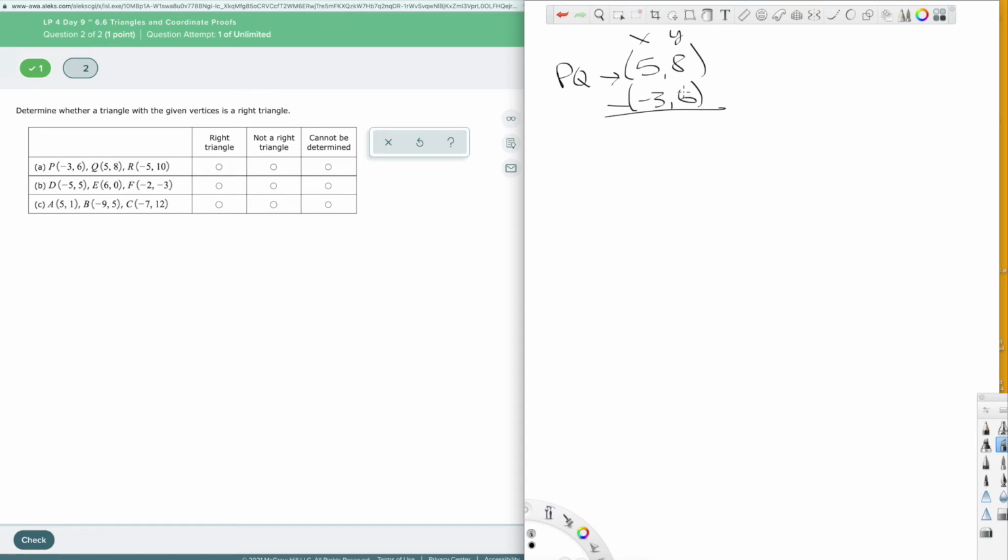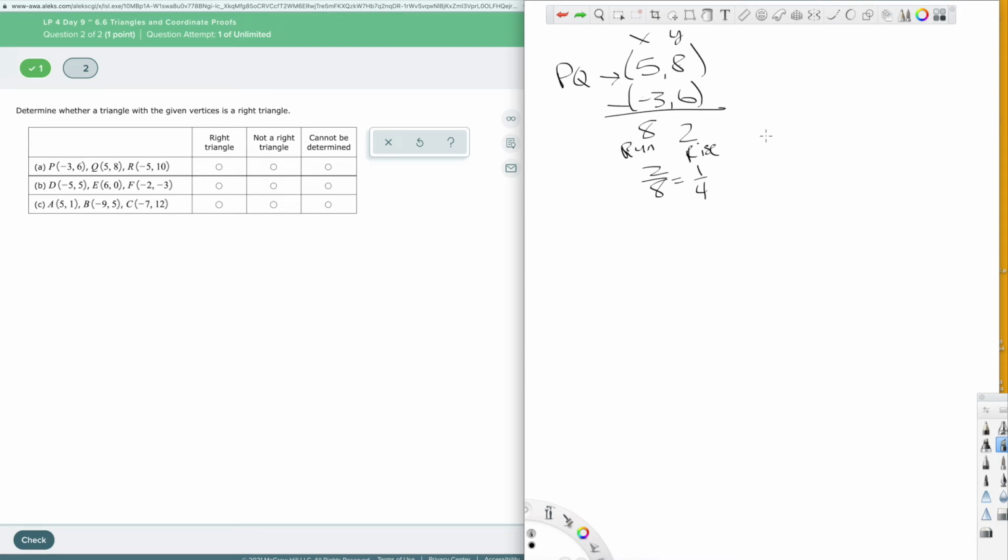So I have 8 minus 6, and that gives me 2. 5 minus negative 3, that's 2 negatives, so that's actually a plus. So that's 5 plus 3, which gives me 8. So now, remember, this is run because it's the x's, this is rise. So I'd have 2 over 8, which would reduce down to 1/4.